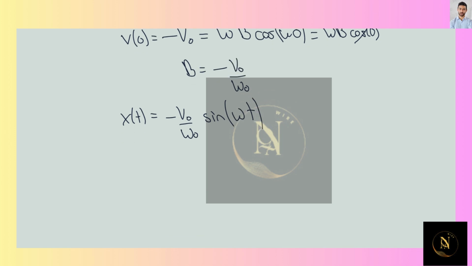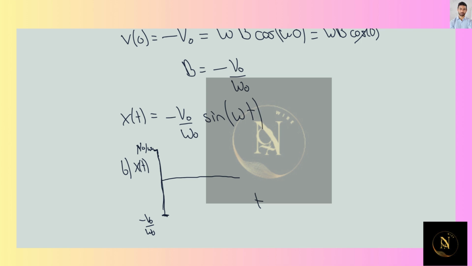Now, in terms of the plots, first of all, we're going to plot x as a function of time. In this scenario, I'm going to take advantage that I already know what the solution looks like. We're going to draw the time axis over here, and the amplitude of the movement is going to be equal to v0 over omega 0. These are going to be the maximum and minimum values of this function.